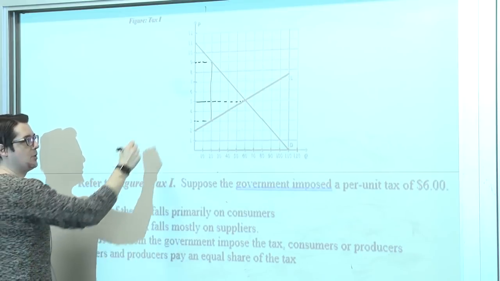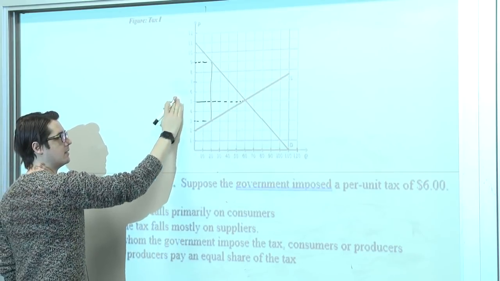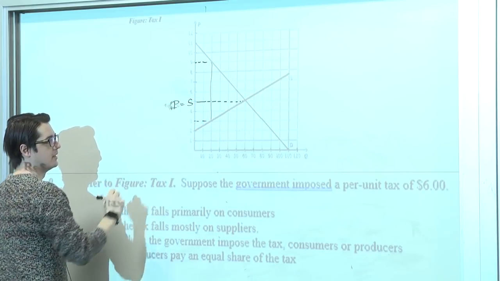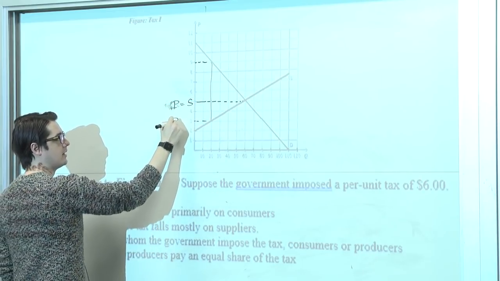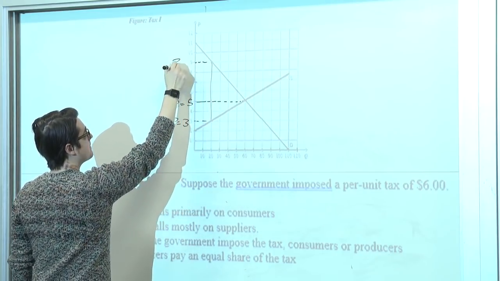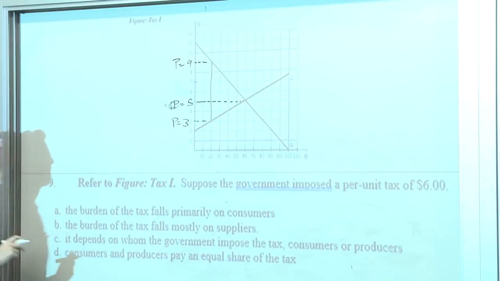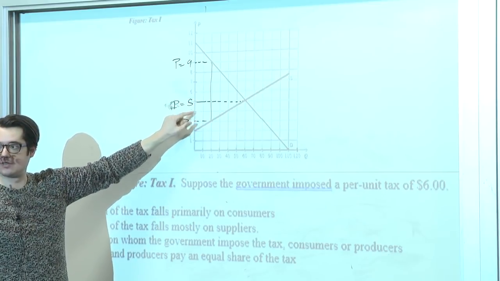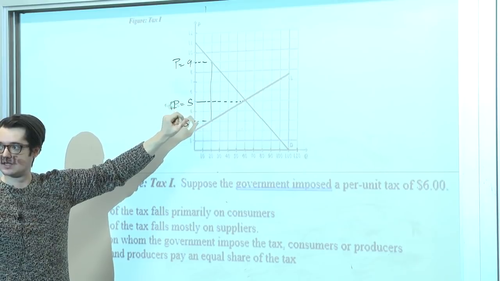Okay, so the initial equilibrium price was right here, was 5. Now we have down here, this is 3, and this is 9. All right, so what is the tax burden paid by producers? Well, producers are going to pay $2 of that $6 tax. That's the difference between these two things tell us.